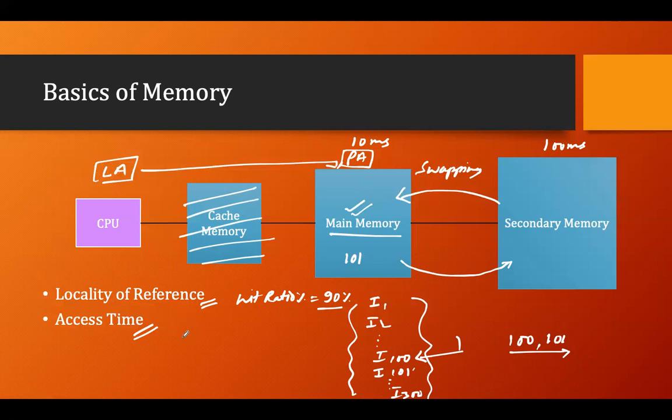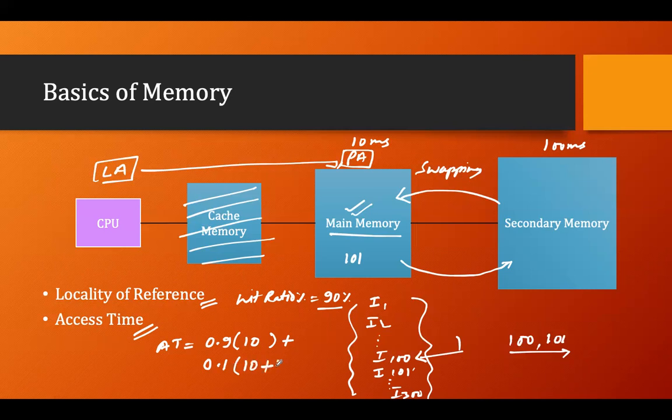So the access time for any data should be calculated as follows. 90% of the time I am getting the data in the main memory, and the access time of the main memory is 10 milliseconds, plus 10% of the time, that is 0.1, I am checking the main memory and not getting it.